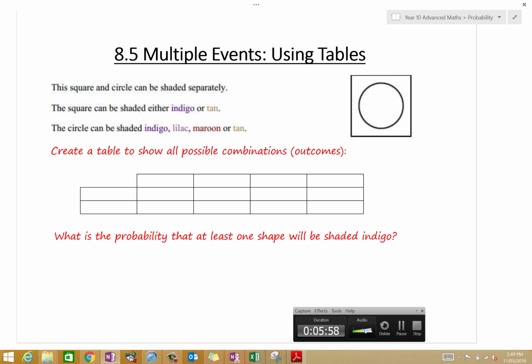I've already set this table up, so we could have either indigo or tan for the square. And in the circle, we've got indigo, lilac, maroon, or tan. Now, what you might want to do with this one is let's now fill out the table. These are all the events that are going to happen.